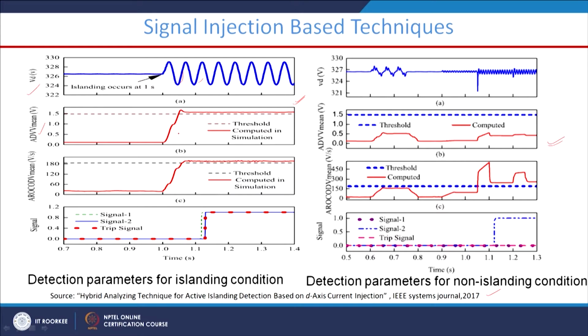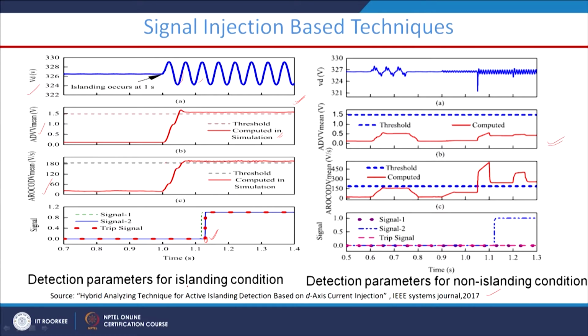You can see very clearly that the computed value of AdVb mean is crossing the threshold value. Similarly, for the second feature the value is crossing the threshold, and that is why the trip signal, the red dotted line, is present here.